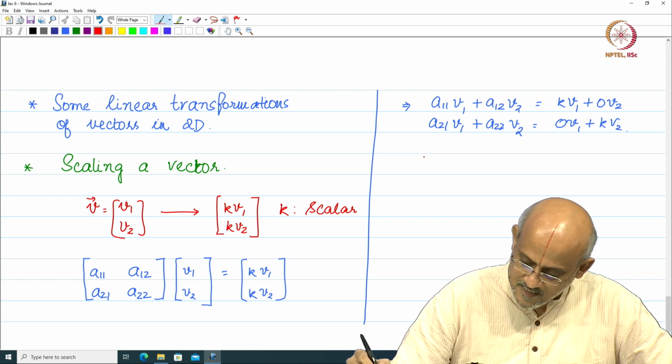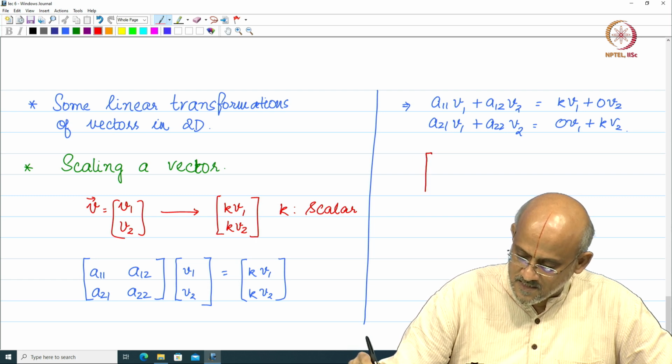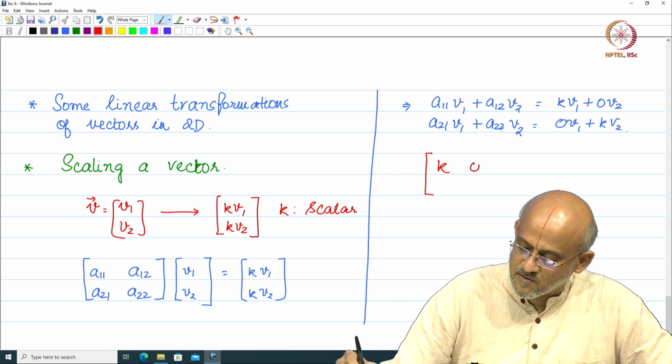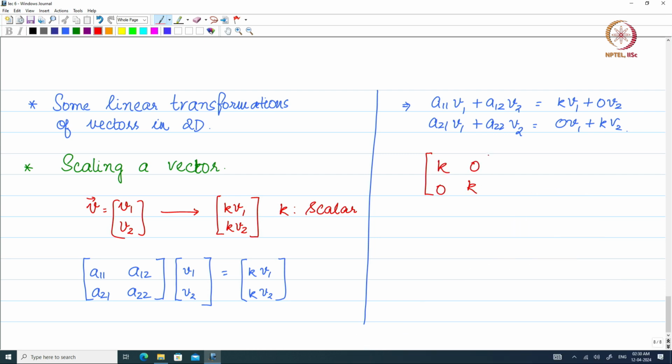So, the matrix which does the scaling is basically given by k 0 0 k. This acts on this vector whose components are v1 and v2, and we get k v1 k v2.